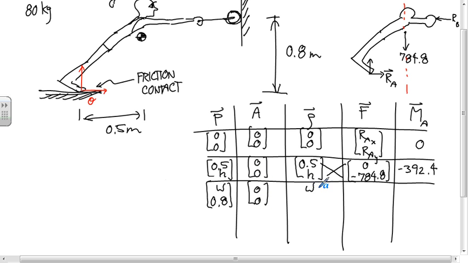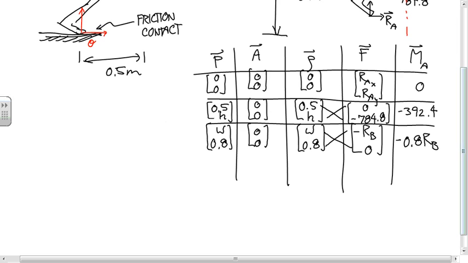The row vector is W, 0.8. The force vector is negative RB, 0. And so the cross product, you can see again that W doesn't come into it, and you end up with minus 0.8 RB. What? Positive, yeah, sorry.